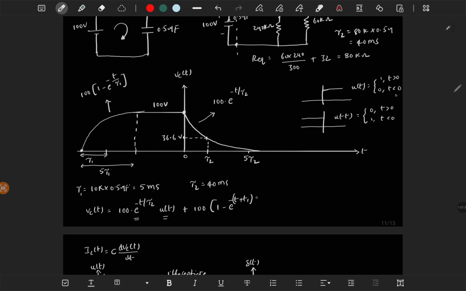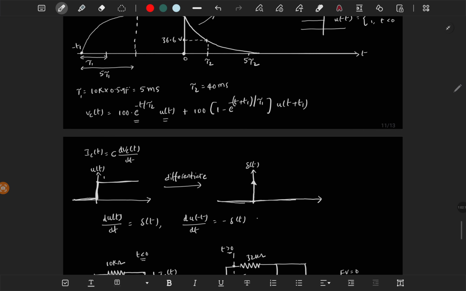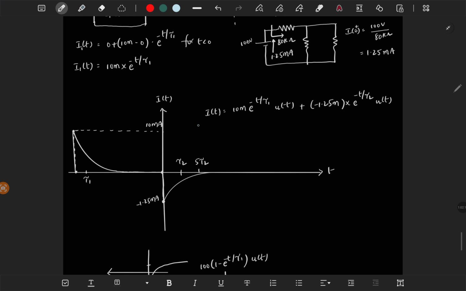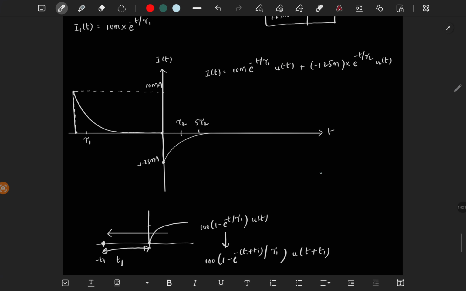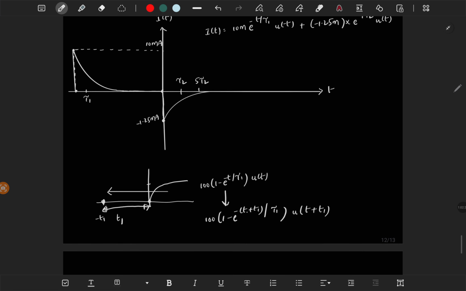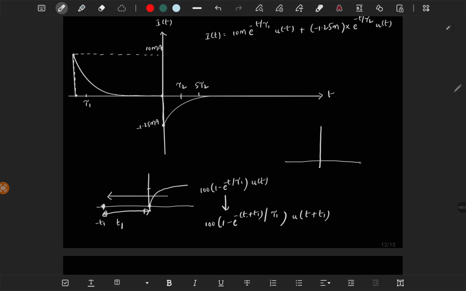It is t plus t1 by tau 1 times u of t plus t1, and I am calling this minus t1 with respect to 0, and yes, this is correct. Similarly here, if you right shift this one, you will get this expression, 10 milli e power minus t by tau 1 u of t.